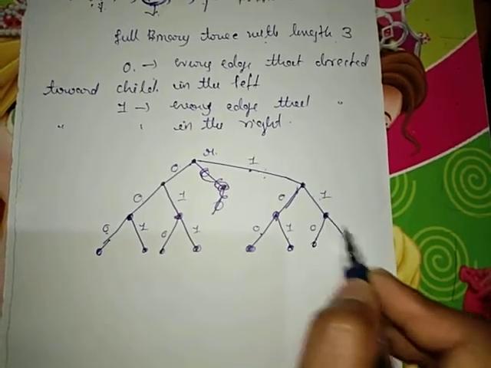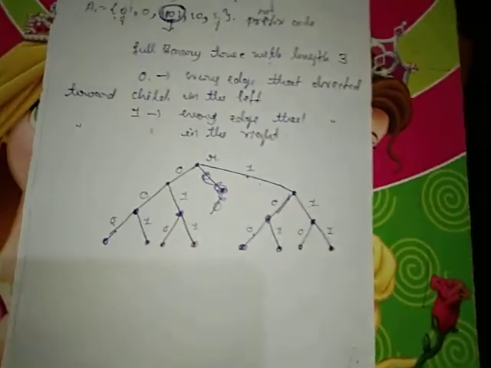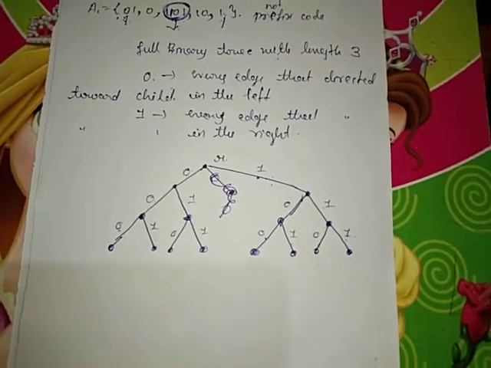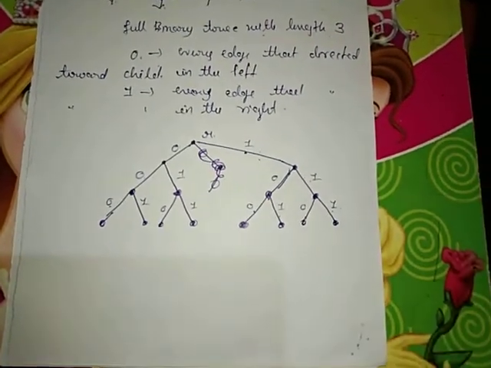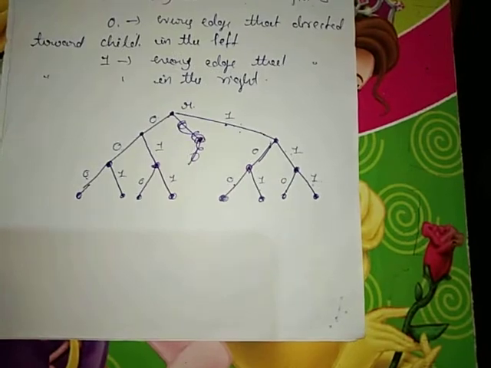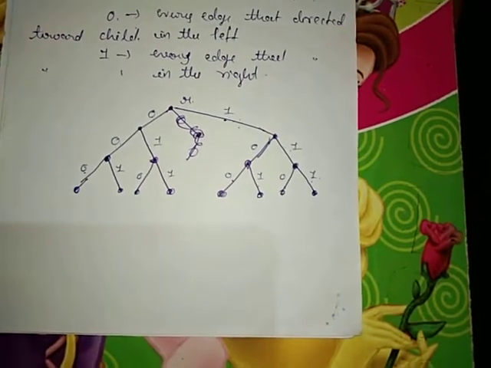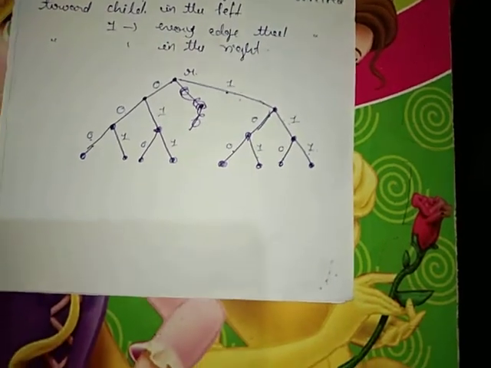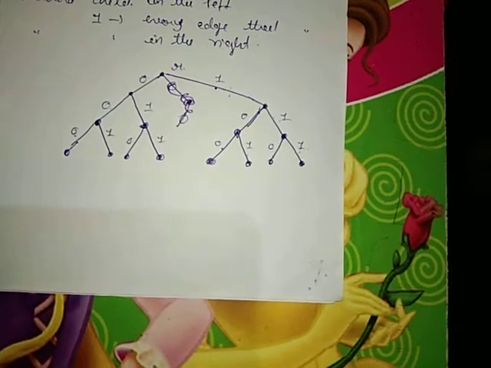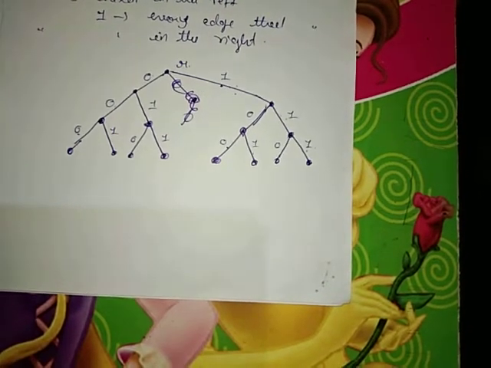Left side 0, right side 1. Means we have to assign a 0 to the left side edges towards the child, and the edges towards the right side will be assigned a 1 here.